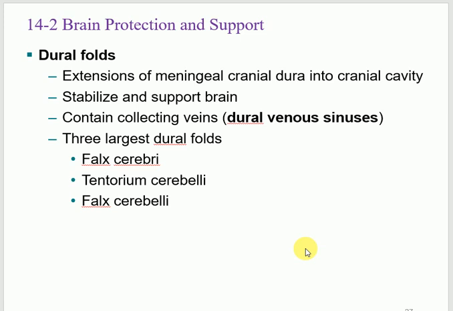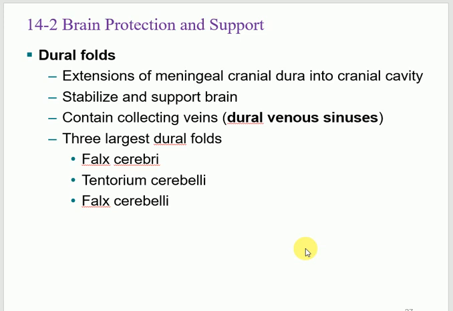We call those dural folds, the folds of the dura. Why do we need these folds? Because this is how the CSF is going to circulate. We will talk about the rest of the circulation, but it's making a space just like this.